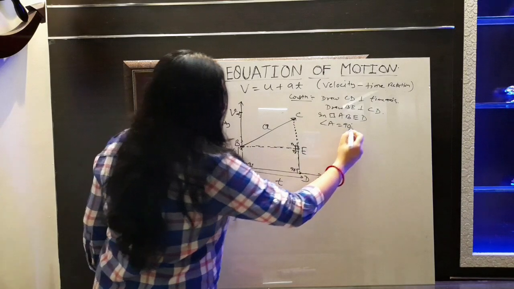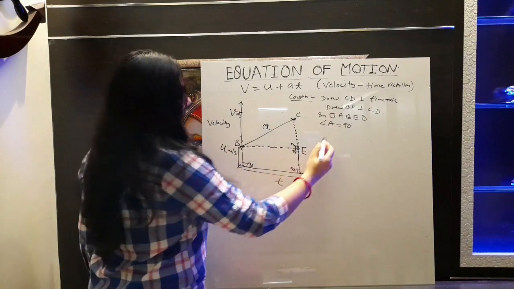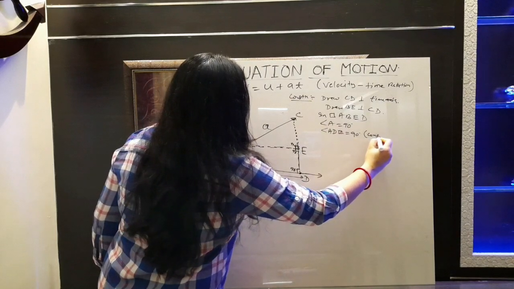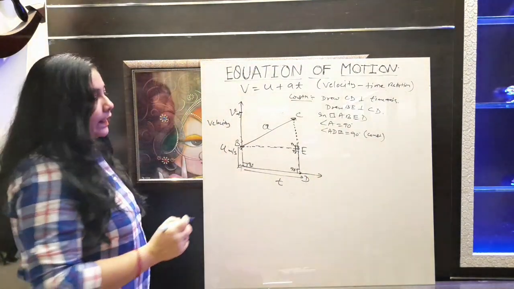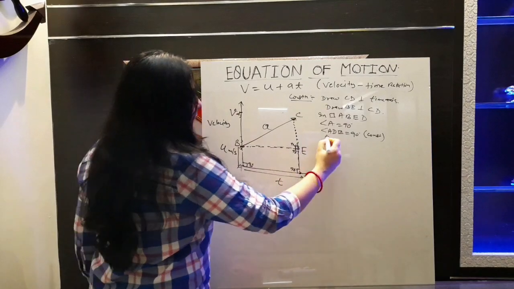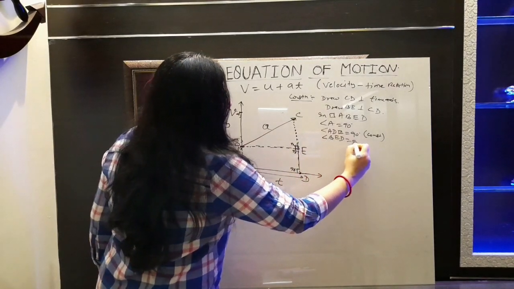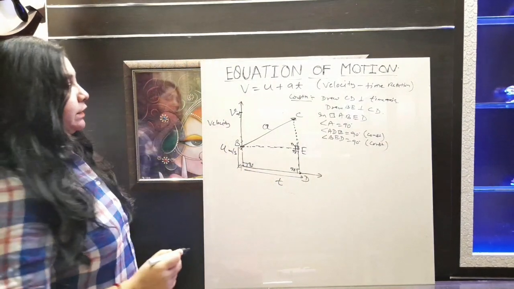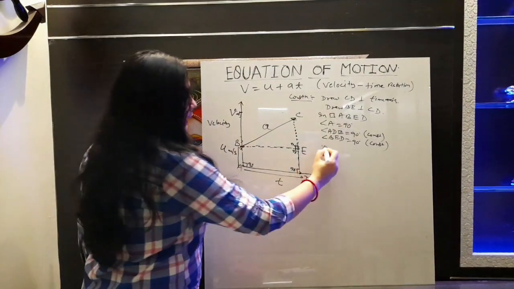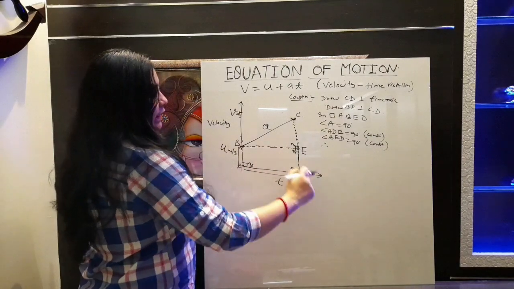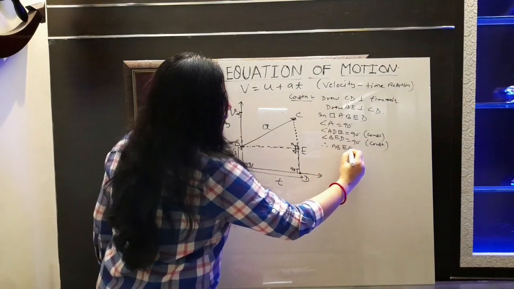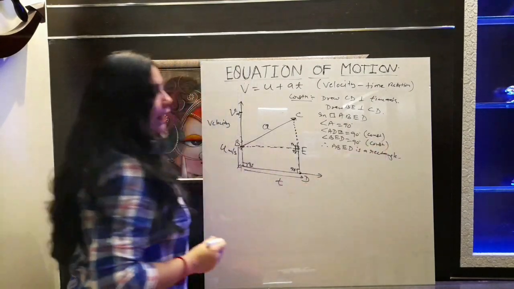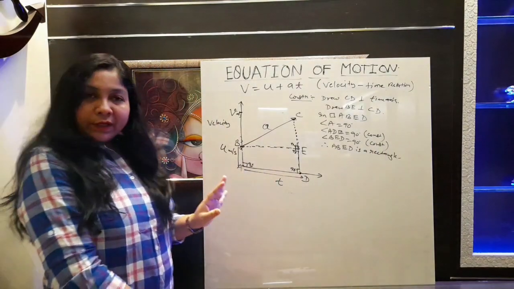Here angle D, angle ADE, is equal to 90, which is from construction. Also angle BED is equal to 90 degrees, also from construction. Therefore the quadrilateral ABED is a rectangle.